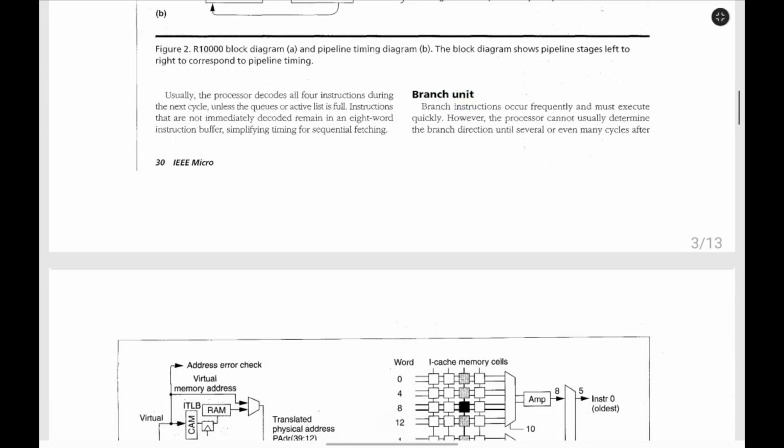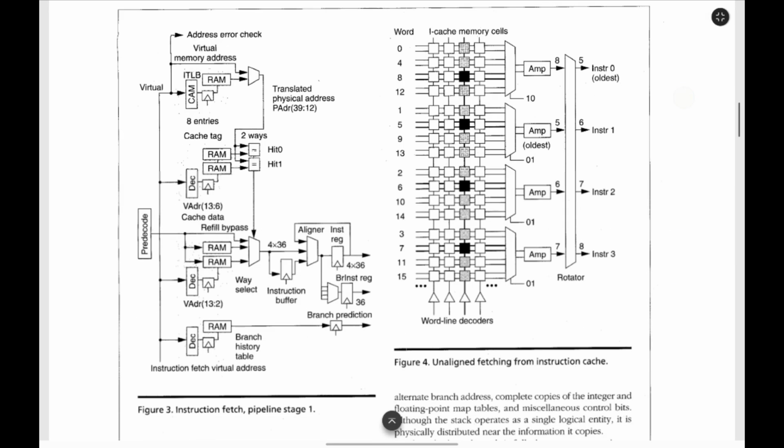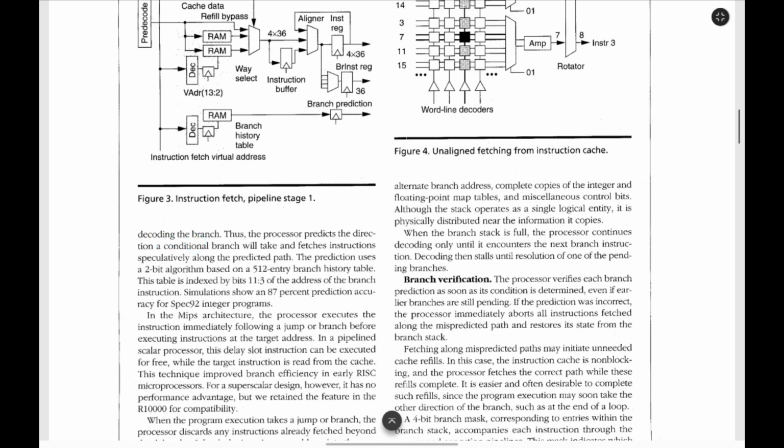Branch unit. Branch instructions occur frequently and must execute quickly. However, the processor cannot usually determine the branch direction until several or even many cycles after decoding the branch. Thus, the processor predicts the direction a conditional branch will take and fetches instructions speculatively along the predicted path.